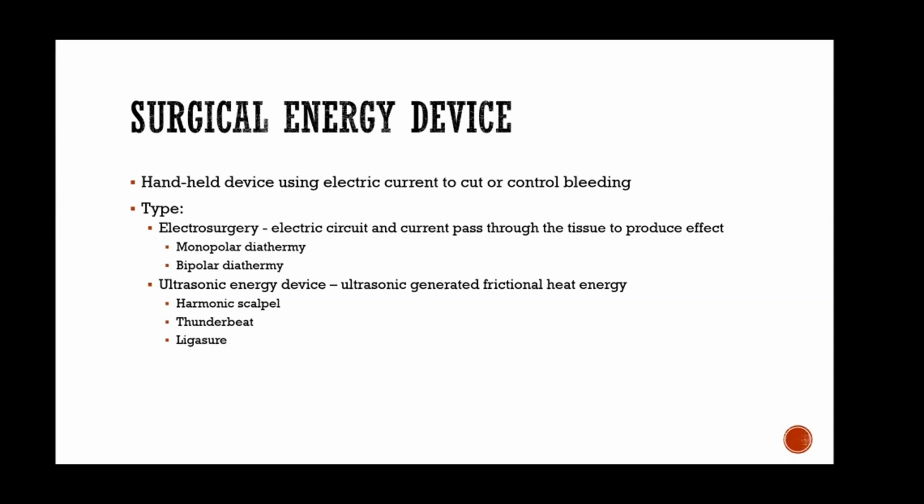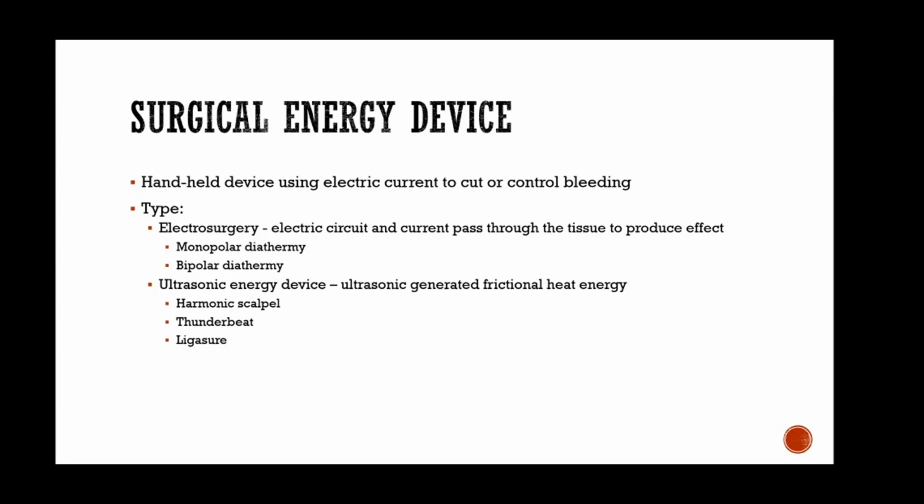Electrosurgery is the device where an electric circuit and current pass through the tissue to produce the effect. The current goes from the generator to the handheld energy device, then to the patient, and returns back.